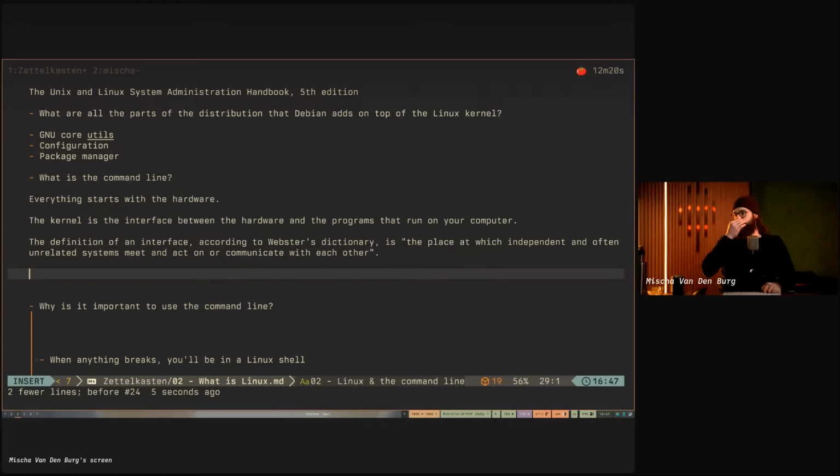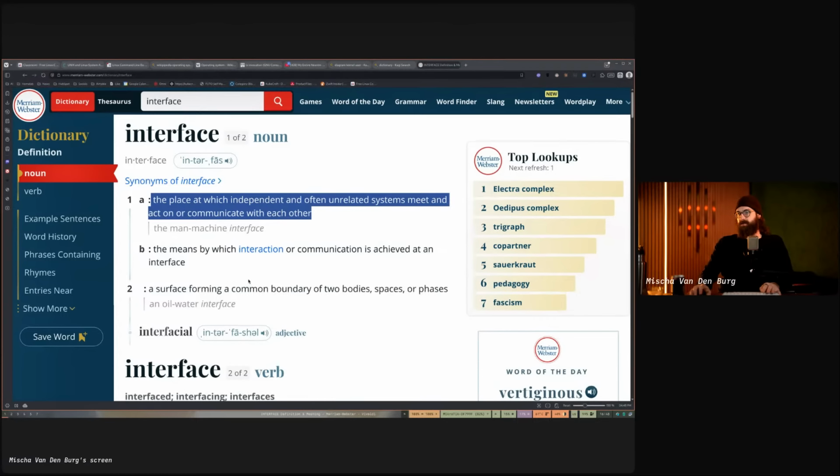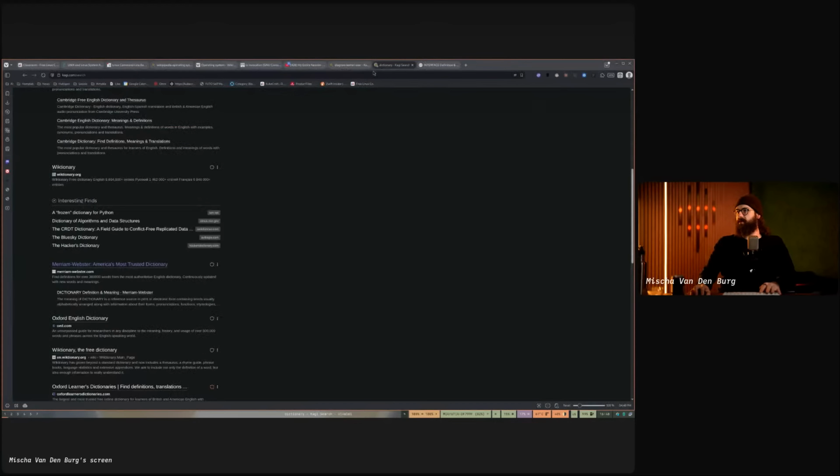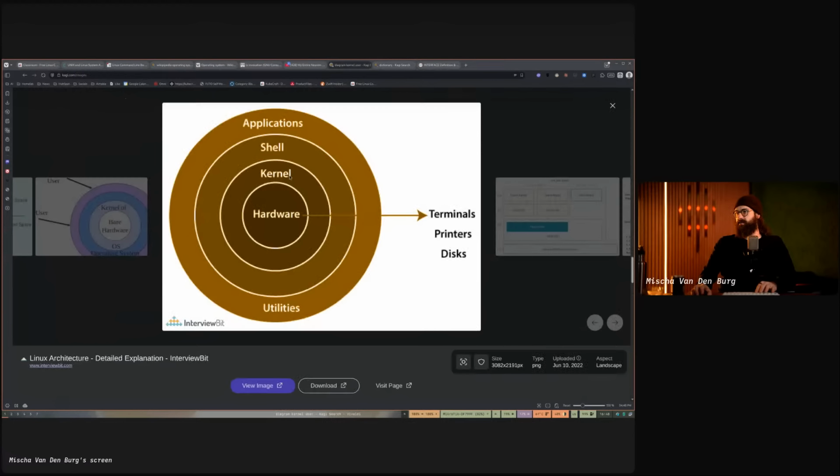Okay. Now, there is another layer here, and that layer is the shell. So we have the hardware, we have the kernel. The kernel is able to talk to the hardware.